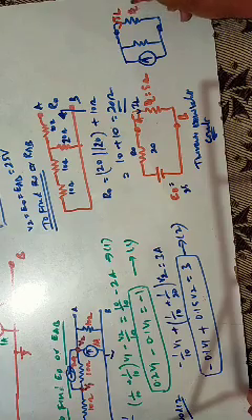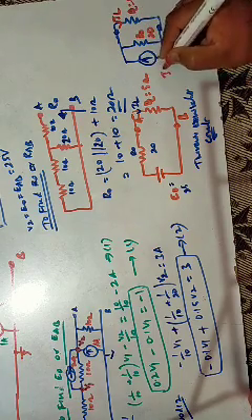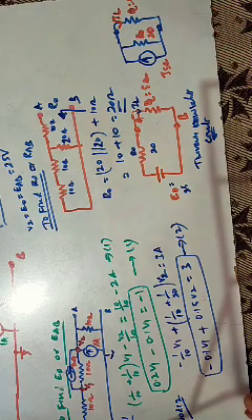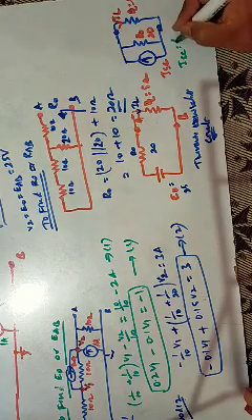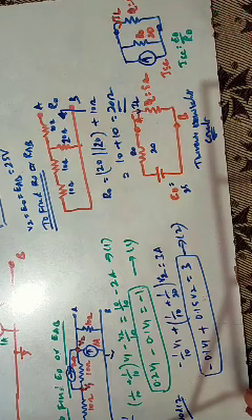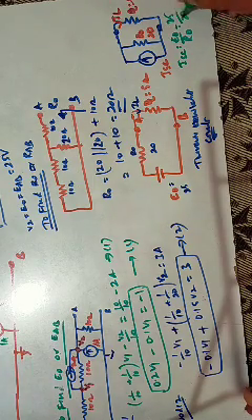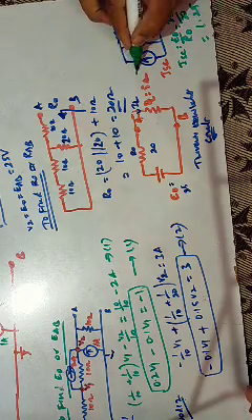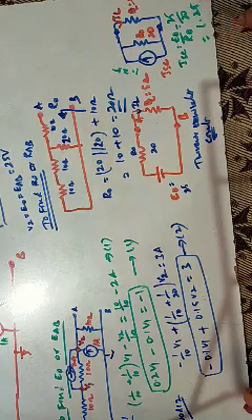RL is equal to 5, R0 is equal to 20, and ISC is supposed to be found. ISC is nothing but E0 by R0, and its value is 25 by 20, which is 1.25. So ISC is 1.25.